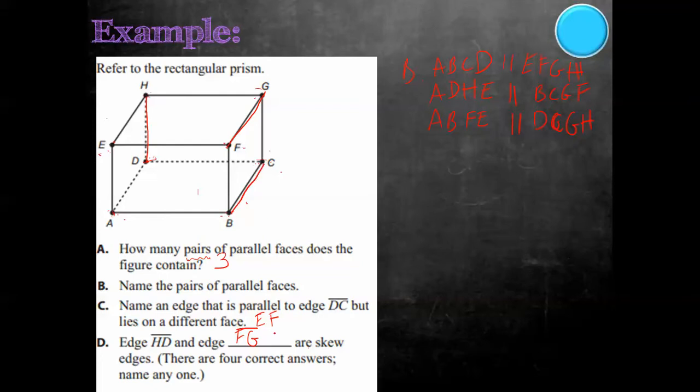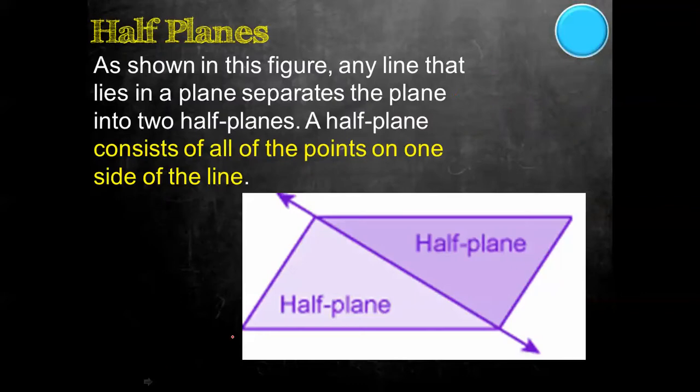BC would be another one. Now, we also have EF. That's also going to be a skew line. And then we have AB. So those are our four different skew lines.